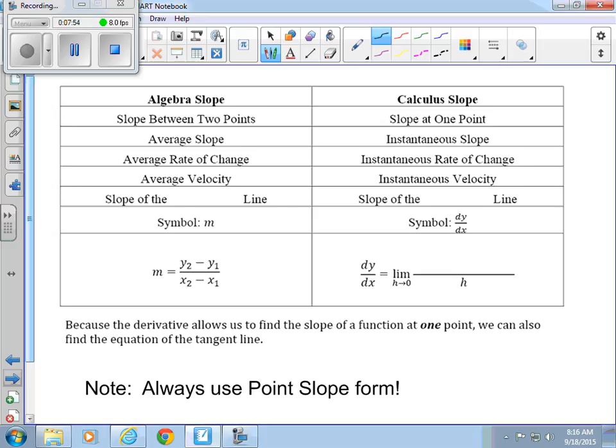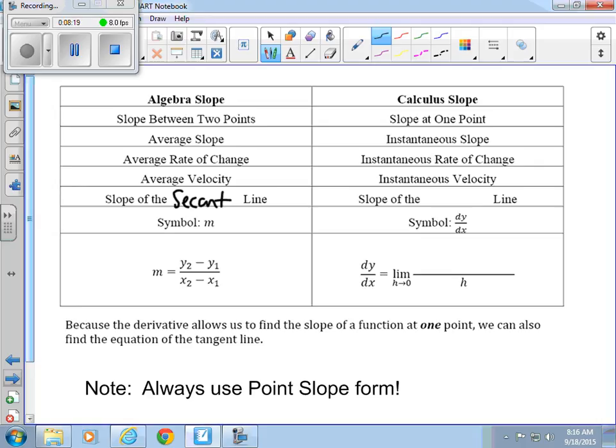In algebra, you learn how to find the slope between 2 points, or the average slope, or the average rate of change, or the average velocity. We did learn this word in here, slope of the secant line. And we use y2 minus y1 divided by x2 minus x1 for the slope. That's what you knew already.